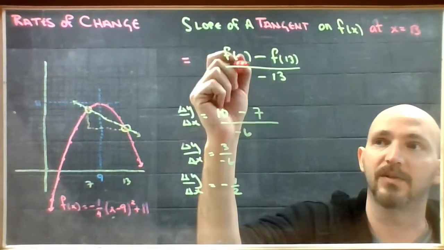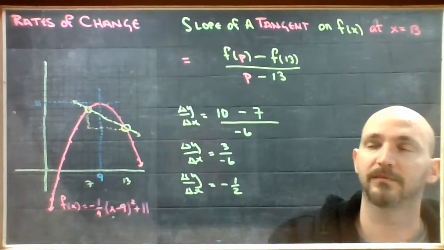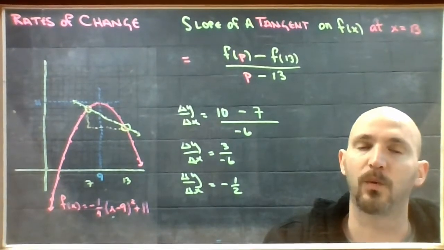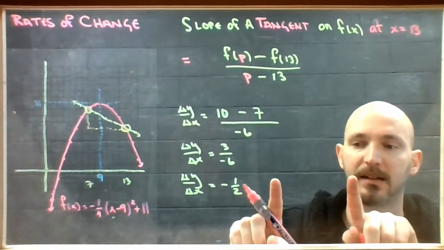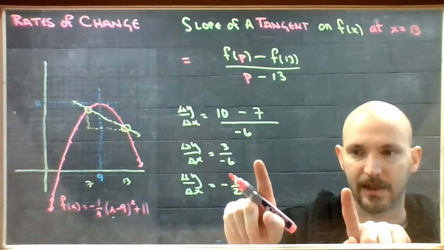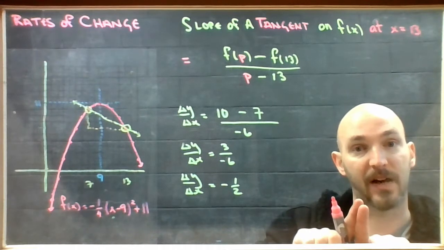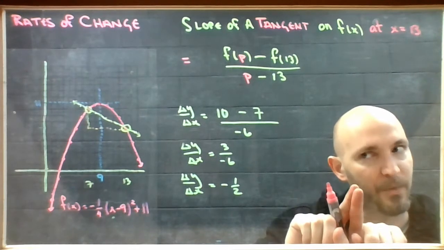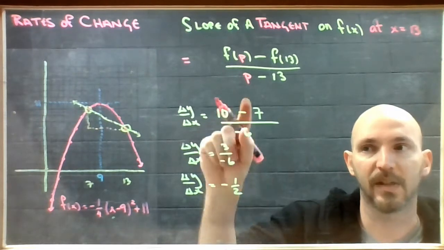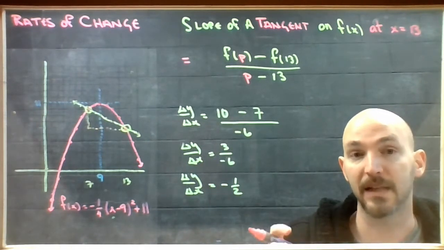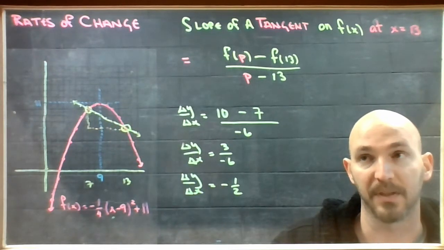So I'm going to choose a P just for fun. And what I'm going to do is take this value of P and try it at 10, and then at 12, and then at 12 and a half, and then at 12.75, and then at 12.9, and then 12.999, and then 12.99999, and I'm going to keep doing that until I can see a pattern in my limit that's going to tell me what the slope of my parabola is at that particular place.